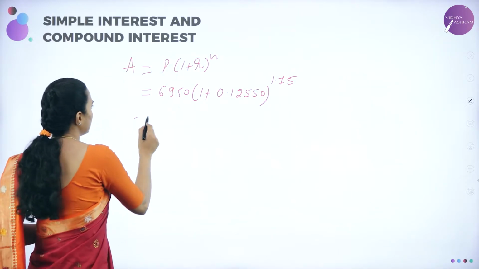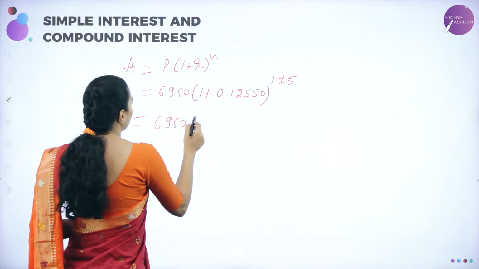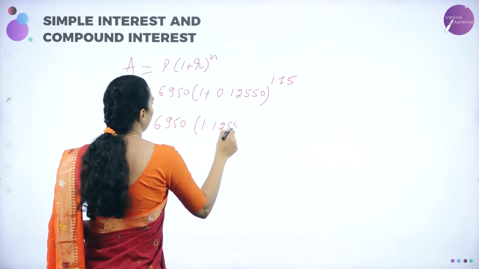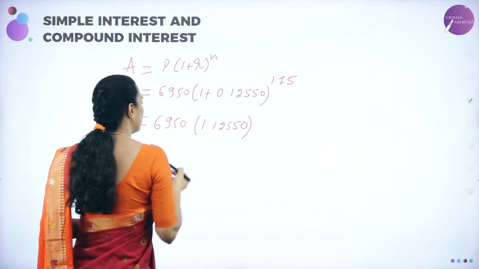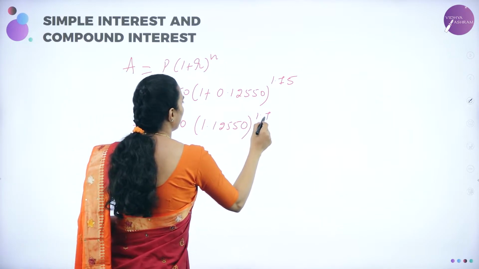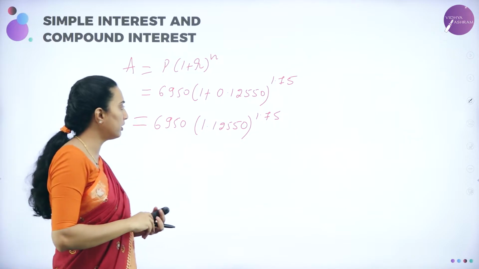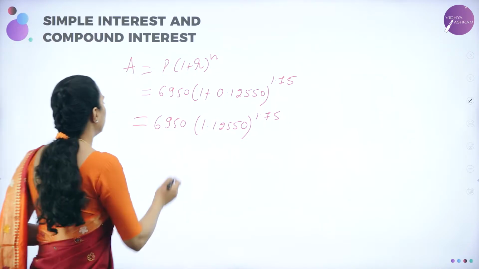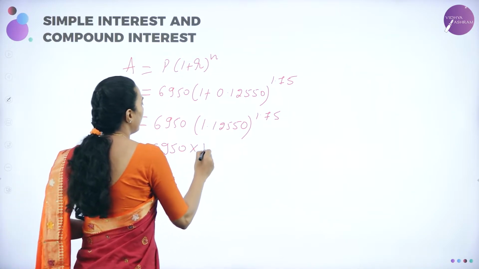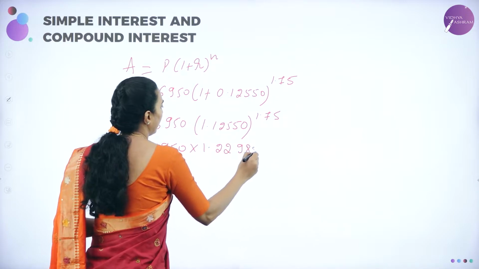So which will be equal to 6950 into 1.1255. If you do not write the 0 also no problem, if you write it also no problem, to the power of 1.75. Now let me multiply this by using a calculator. This will be equal to 6950 into 1.22985.